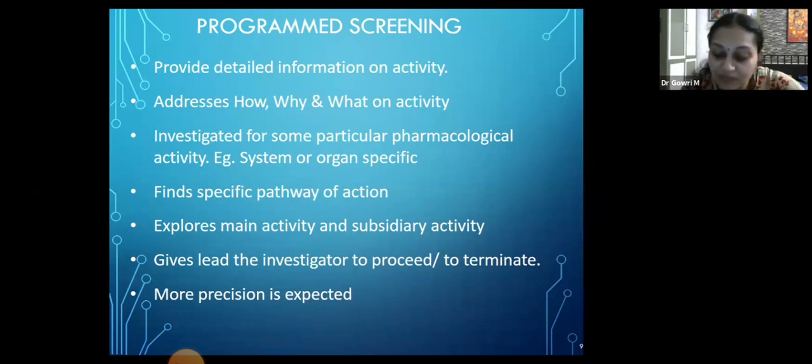When we analyze and conclude on the activity, whether through simple or blind screening, the drug will be subjected to programmed screening, where we will understand the specific pathway of that particular drug. These are the three types of screening.